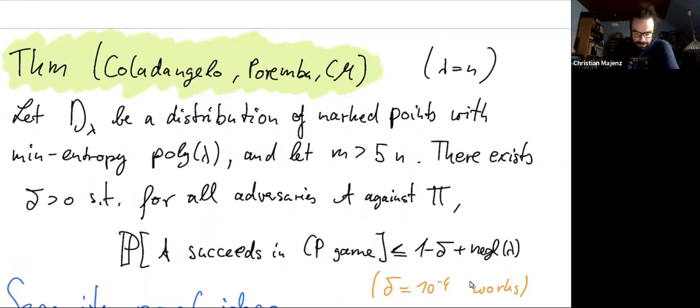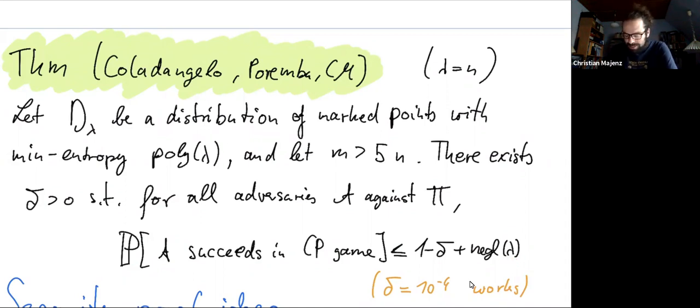So if we have a distribution of marked points for point functions where the marked point has some min entropy, polynomial min entropy in a security parameter lambda, and let this parameter m, the error correction parameter, be quite large, so m larger or equal 5n, then there exists some constant delta larger than 0, such that for all adversaries against the copy protection scheme pi described above, this adversary succeeds in the copy protection game with at most probability 1 minus delta plus negligible in lambda.